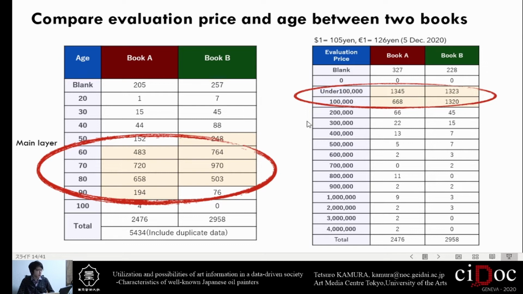And the right one shows the evaluation price. Most artists are under 10,000 yen, or over 500,000 yen. These ranges are too few.